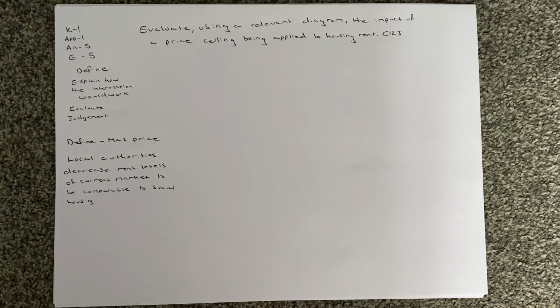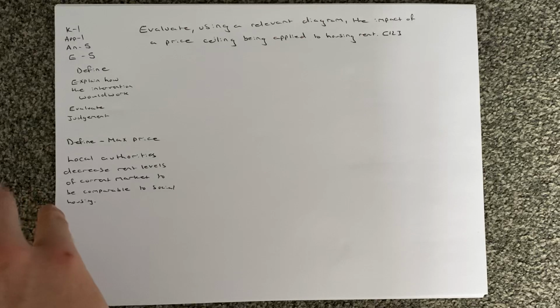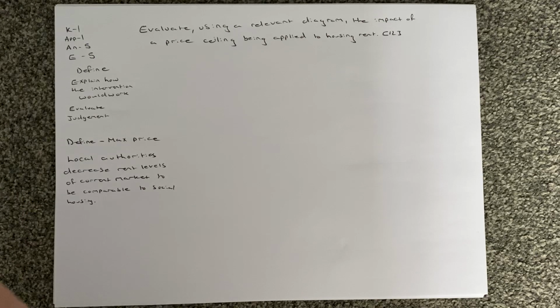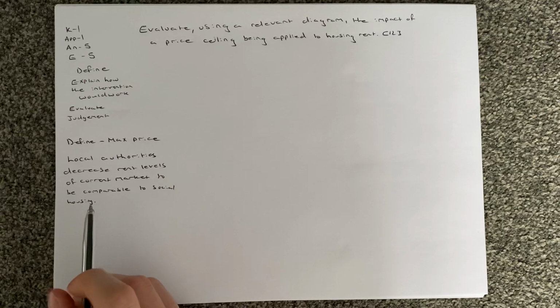So people who may not necessarily have the financial capability to buy a house, or for other reasons may not be able to afford expensive rent, social housing is a way of giving them access to a house. So decreasing the level of rent in a market to the rent for social housing should therefore make housing more accessible to people.